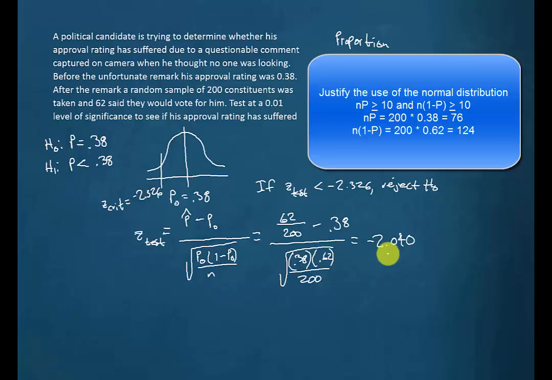Now looking at this test value, we see that we landed here to the right of minus 2.326, not less than minus 2.326. So our decision would be, do not reject the null hypothesis. We would say something like, sufficient evidence was not gathered at the 0.01 level of significance to conclude that the approval rating has suffered.